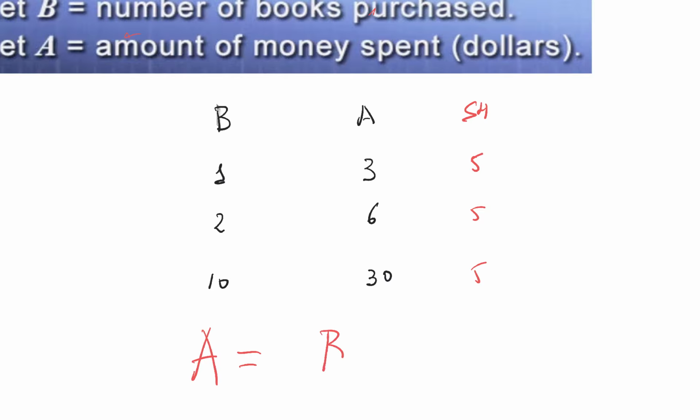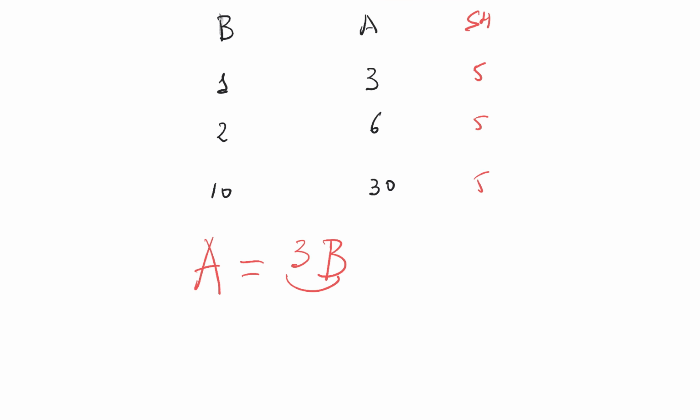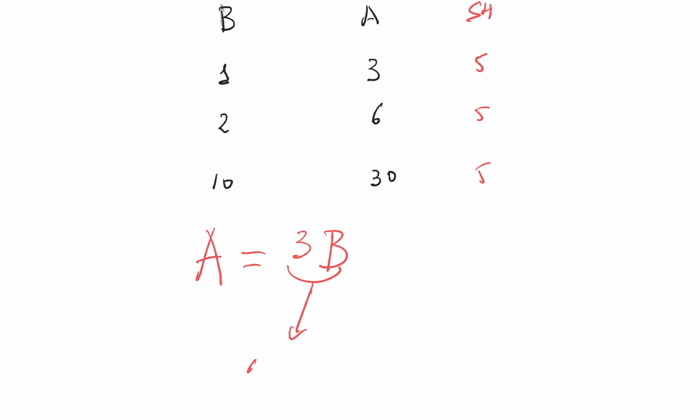So for one book, you will pay $3. For 2 books, $6. For 3 books, $9. So 3 multiplied by B is the amount of money spent in B books.